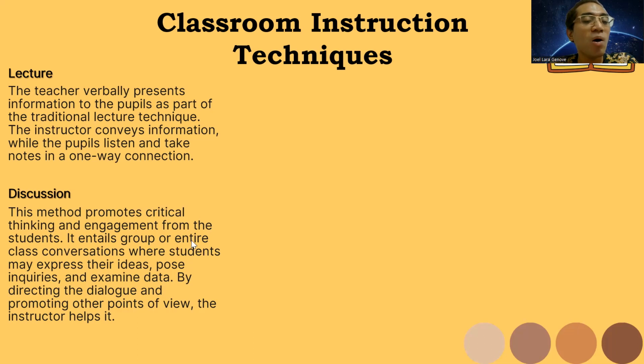It entails group or entire class conversation where students may express their ideas, pose inquiries, and examine data. By directing the dialogue and promoting other points of view, the instructors help it. Discussion. You discuss. You give your opinion. You give your background information of facts. You evaluate. It says here critical thinking.